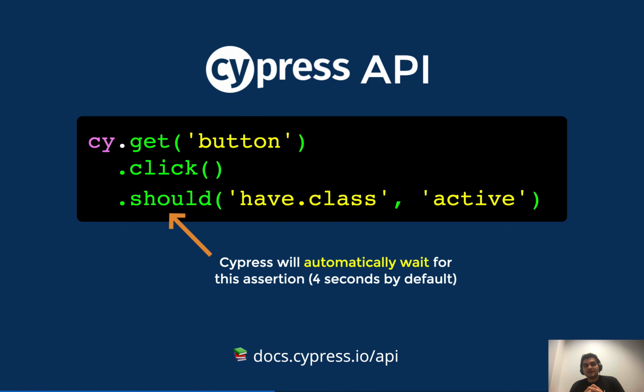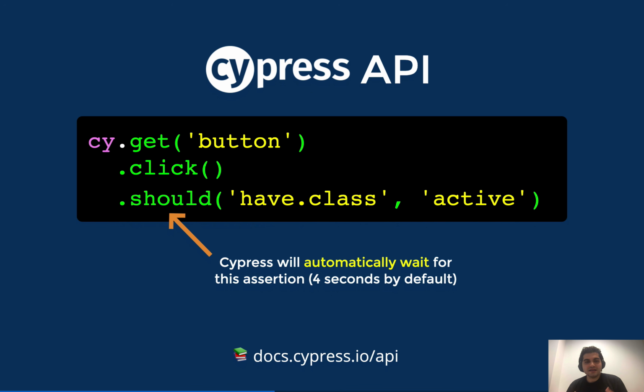Another thing to know about the Cypress API, and this is one of the things I really love about it, is it has this ability to automatically wait when making assertions. So for example, when we click this button and then we make this assertion that it has this class, Cypress is going to automatically wait for this particular assertion to come to life within the DOM.